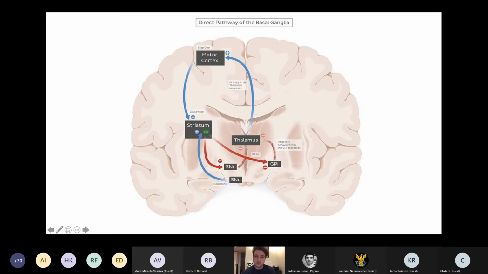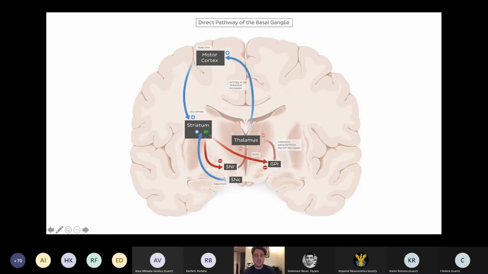That inhibition that would have naturally happened from the globus pallidus internus is blocked, because you've got a negative blocking this negative. So it's a double block, an inhibition blocking an inhibition, which is called a disinhibition. You're basically getting rid of this inhibitory effect.